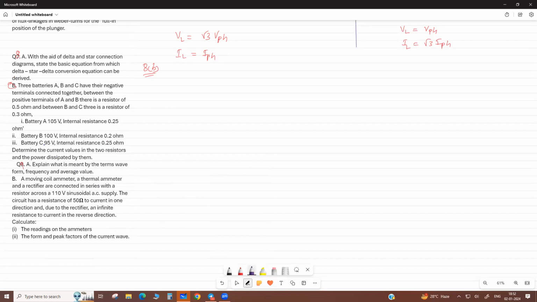Here he said that there are three batteries: battery A, battery B, battery C. Now you know the battery equivalent circuit, with battery internal resistance and their EMF. You draw the three batteries.